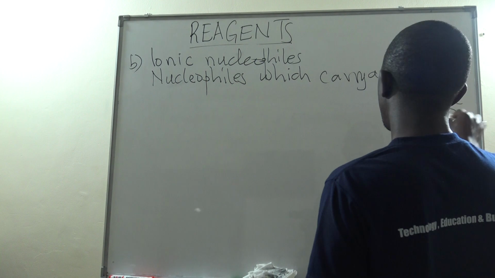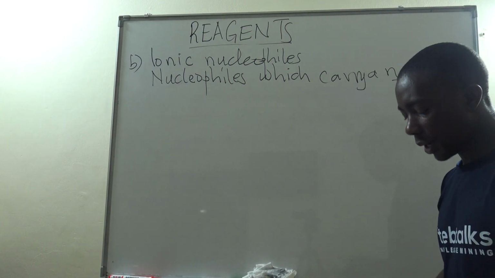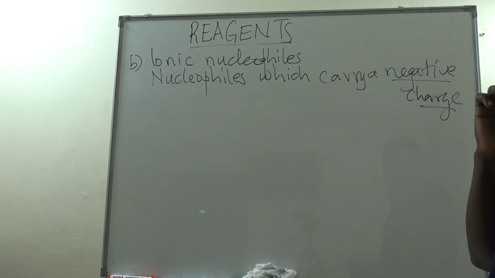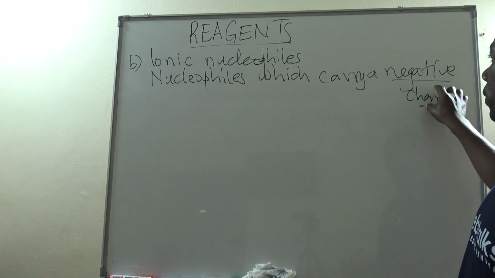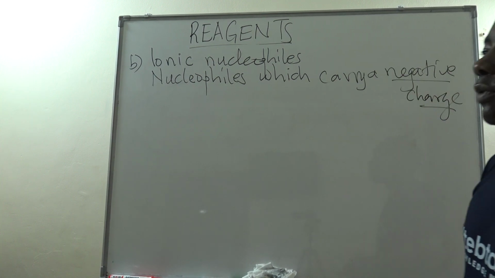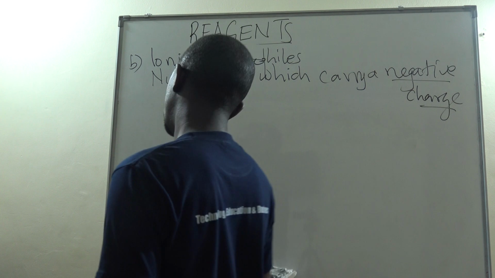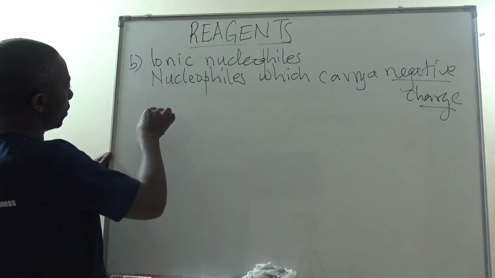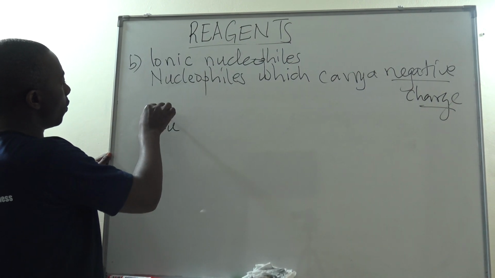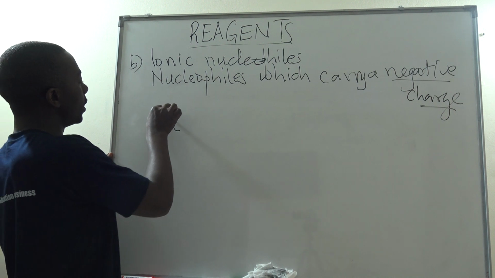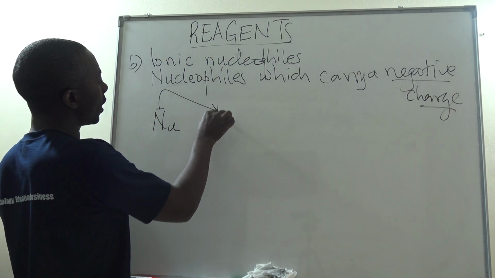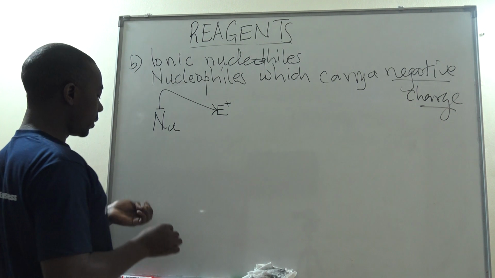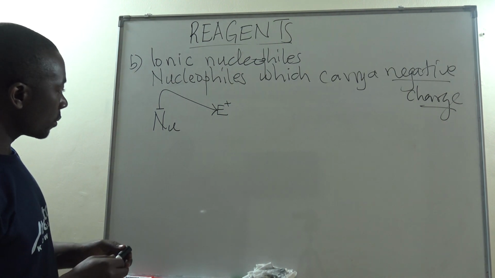These ones typically carry a negative charge, and therefore they can use their negative charge to donate electrons to electron deficient species. Take an example. This is a nucleophile with a negative charge. It would donate it to an electron deficient species.